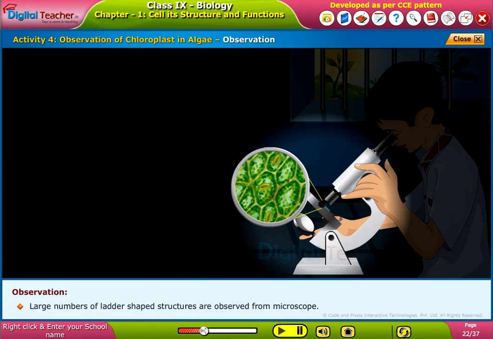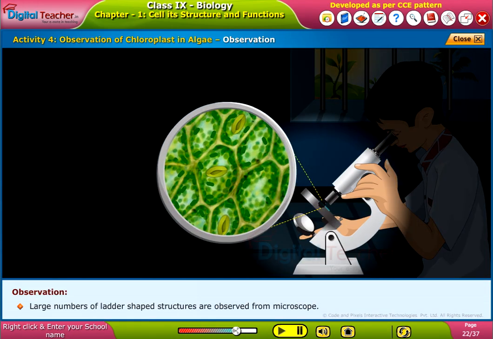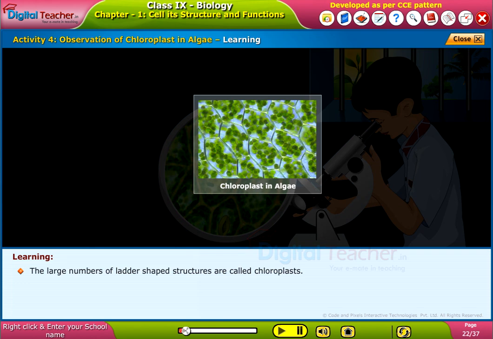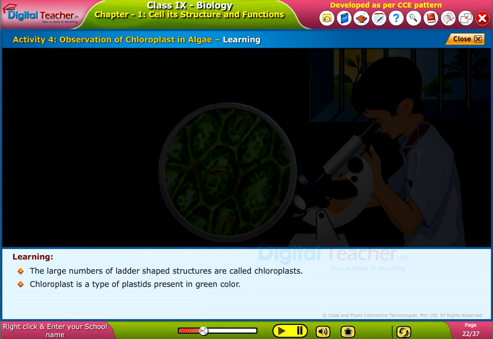Large numbers of ladder-shaped structures are observed from microscope. The large numbers of ladder-shaped structures are called chloroplasts. Chloroplast is a type of plastid present in green color.